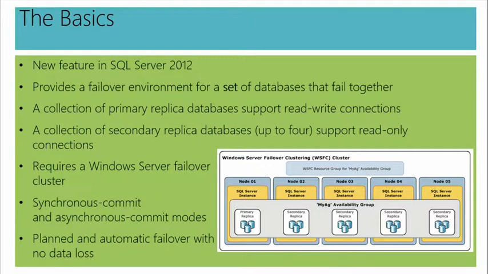That means before a transaction is considered committed, it has to have already committed on all of the destination copies. That's synchronous, meaning marching in step. Asynchronous would mean I send a transaction log over to a destination, I continue business as usual, maybe it commits right away, maybe it doesn't. And then we also have planned and automatic failover with no data loss, other than maybe the transaction that was in progress at the time.